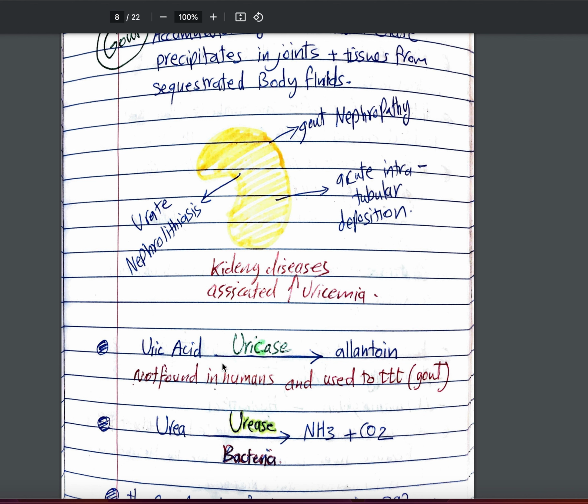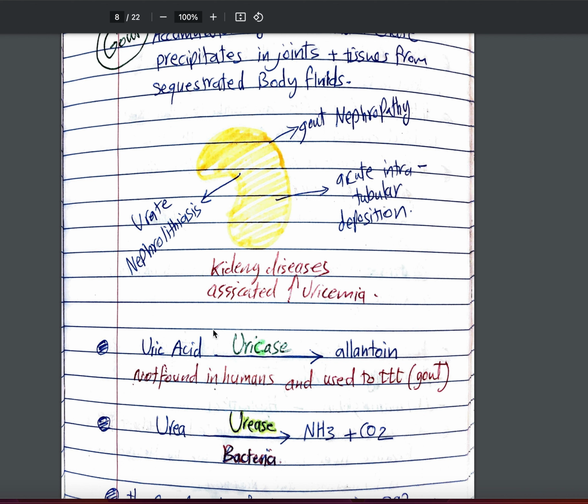So the uric acid, by the help of the enzyme uricase, because we just want to know the difference between them. Actually, we have uric acid, and by the help of this enzyme, known as uricase, it is converted to allantoin, which is not found in humans and is used for treatment of gout.